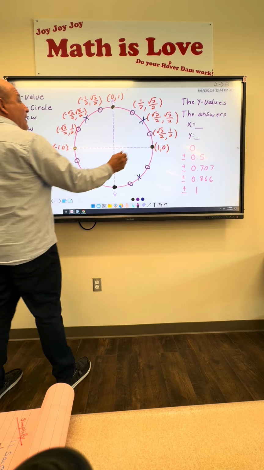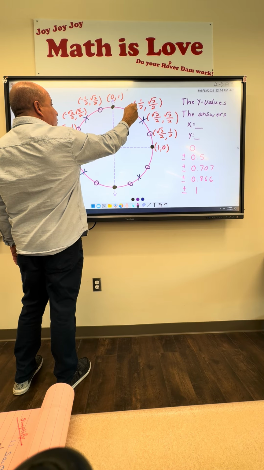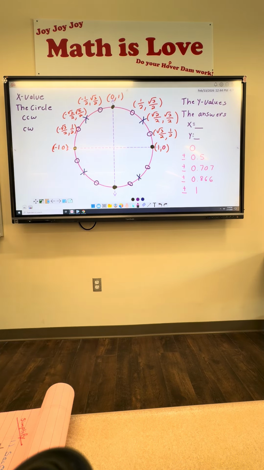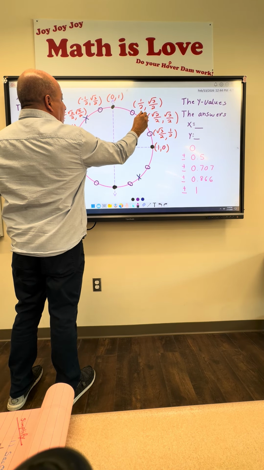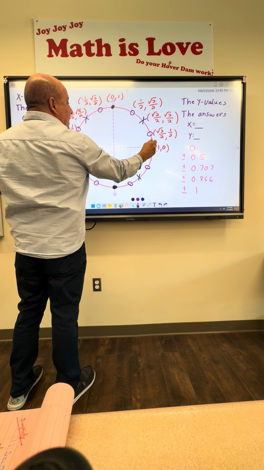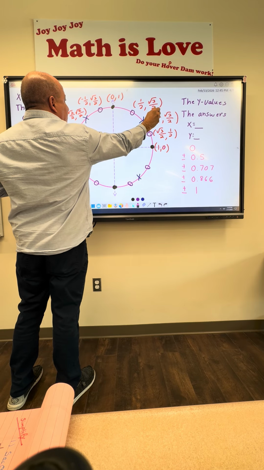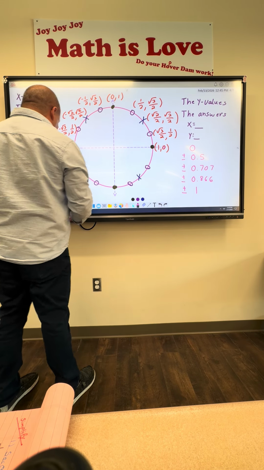Your next move will be 0.707. Your next move will be 0.5, and then your next move will be 0. Everybody see where I'm getting the numbers from? So as I move on my x-axis, I'm moving counterclockwise. When I'm there, cosine has an answer: 1, 0.866, 0.707, 0.5, and 0.